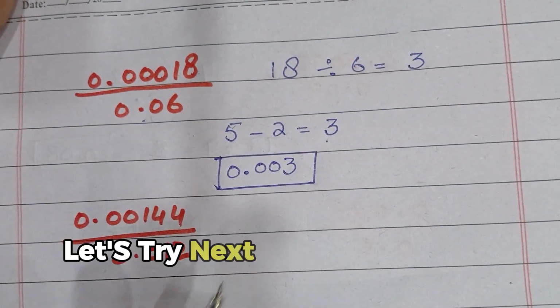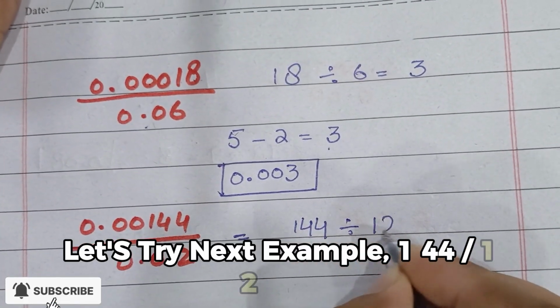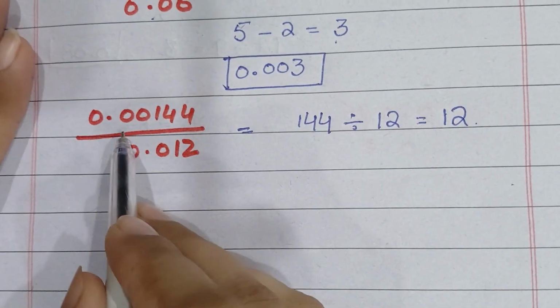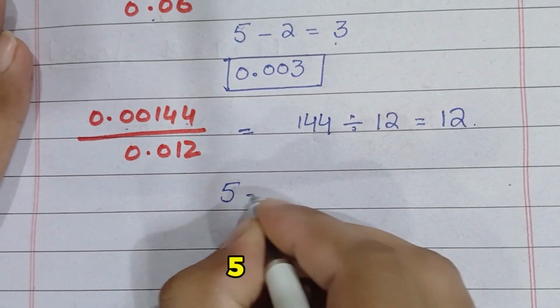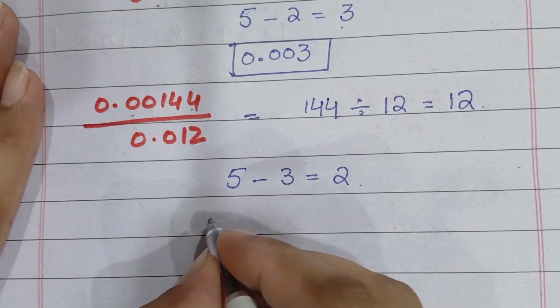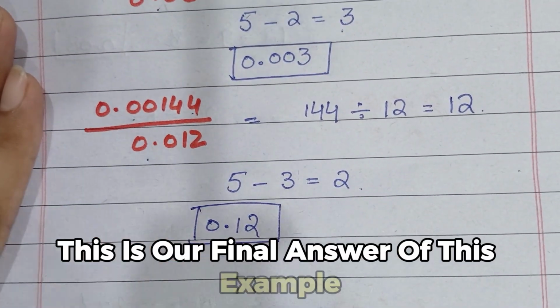Let's try the next example. First, 144 divided by 12 is 12. Now calculate the digits after the decimal: 5 minus 3 equals 2. Now our final answer should contain 2 digits after the decimal, which is 0.12. This is our final answer for this example.